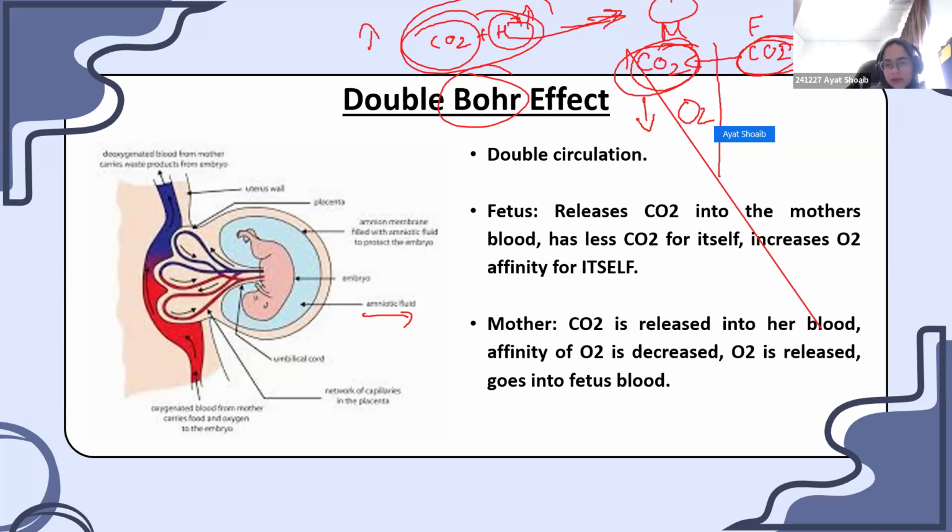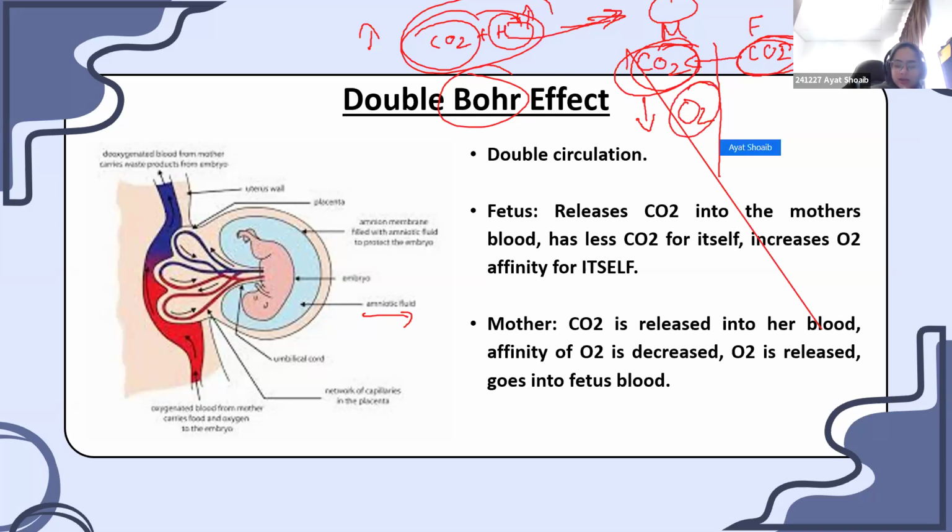So the mother cannot hold on to her own O2, because there's a reduced affinity for O2 in her own blood. Why? Because the fetus released its carbon dioxide into the mom's blood, increased the overall carbon dioxide, and now the fetus can use her oxygen, which is wonderful.